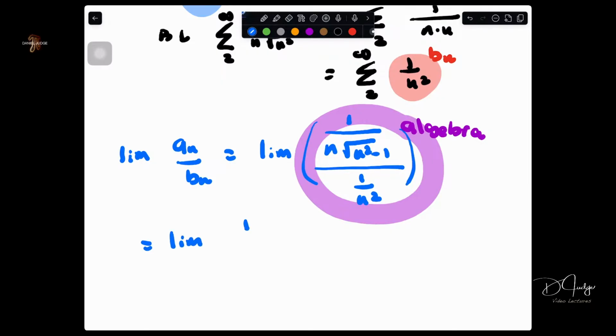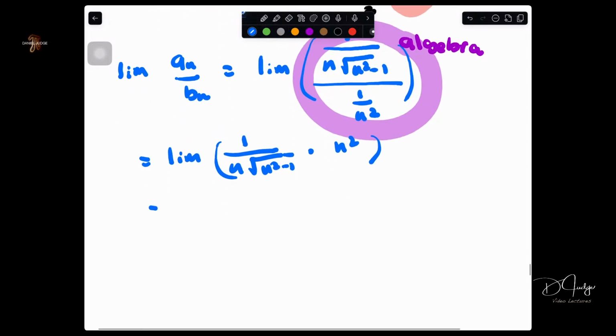Limit of 1 over n square root of n squared minus 1 times n squared, which is going to be the limit now of really n over the square root of n squared minus 1 here.